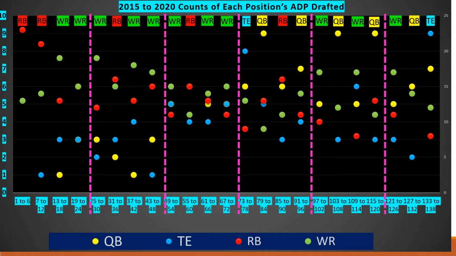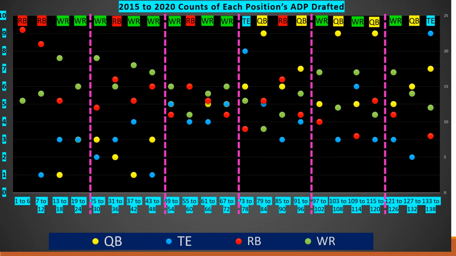At the top, I rate the dominant position. On a typical PPR draft over 6 years, it's been running back, wide receiver, wide receiver, wide receiver, running back, 3 wide receivers, running back, 2 wide receivers, tight end, and quarterback.